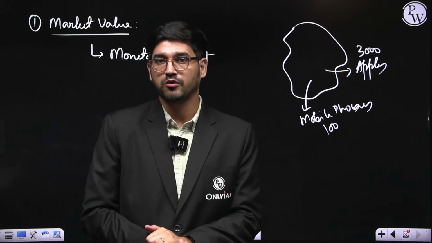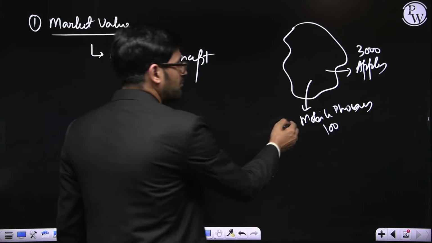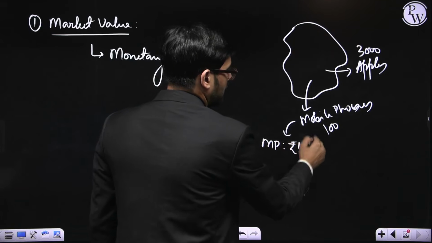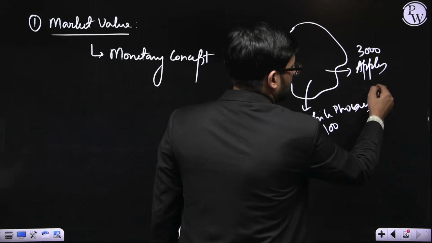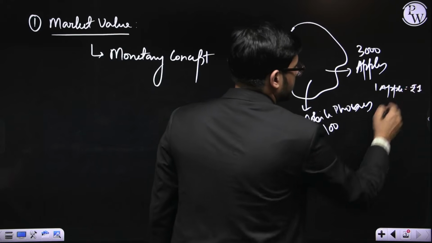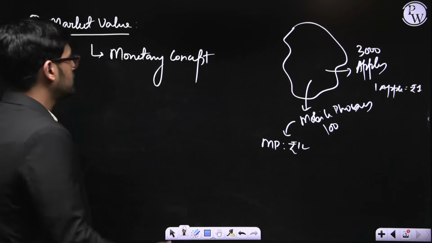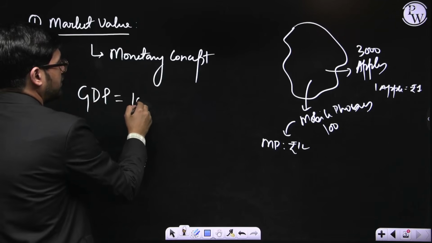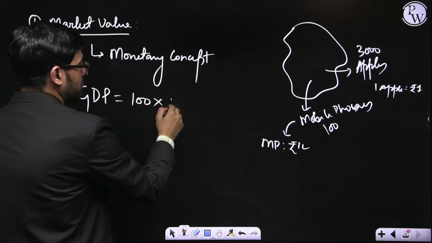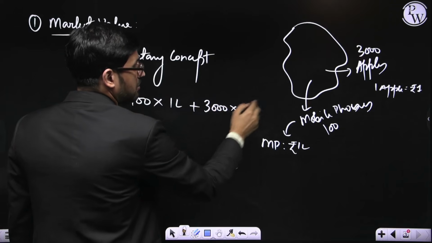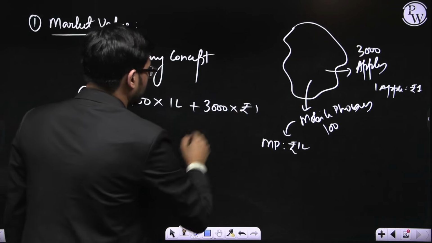By monetary terms, what do we mean? We mean if one mobile phone sells at a market price of 1 lakh rupees and one apple, let's say, sells at a market price of 1 rupee, then the GDP of this economy will be very simply put 100 mobile phones multiplied by their market price, which is 1 lakh, plus 3,000 apples multiplied by their market price, which is rupee 1.